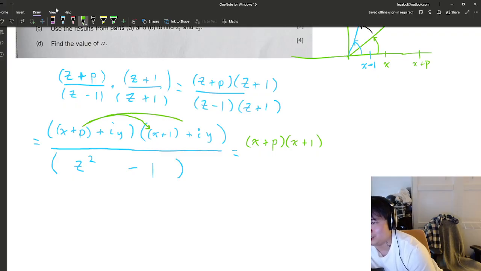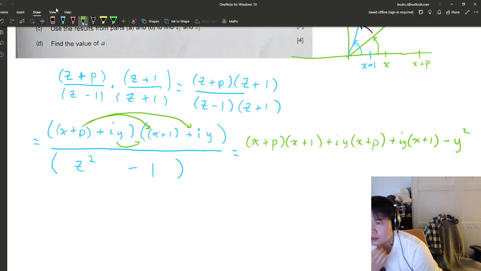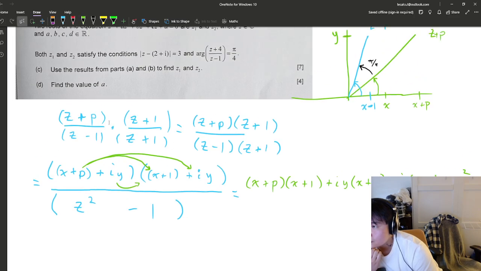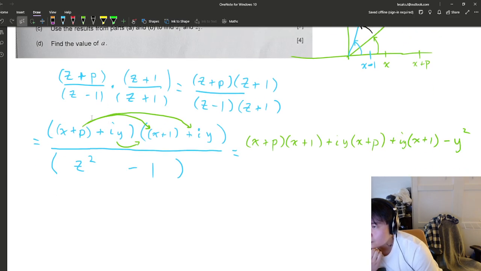There's probably a better way. Oh shit, this isn't even conjugate. Oh my god.